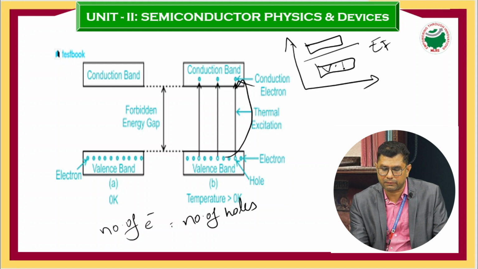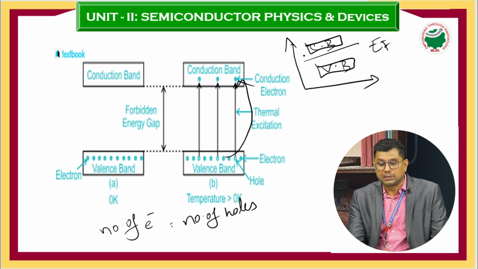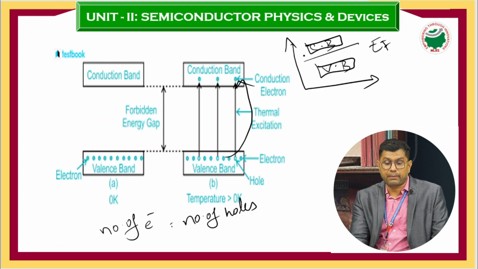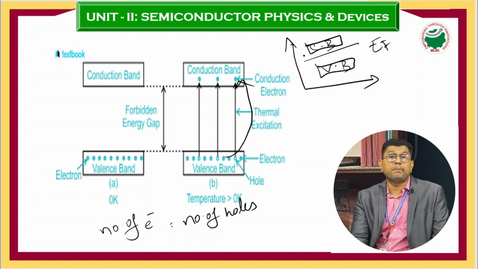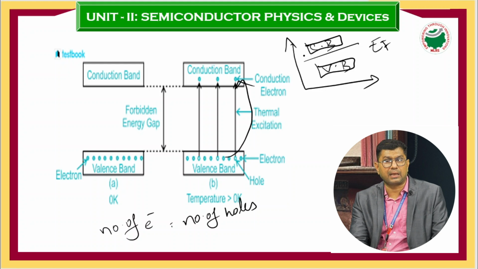The lower one is the valency band and this one is the conduction band. The Fermi level is exactly in the middle. The main drawback of an intrinsic semiconductor is that conductivity cannot be controlled from outside, because the conductivity varies with temperature.